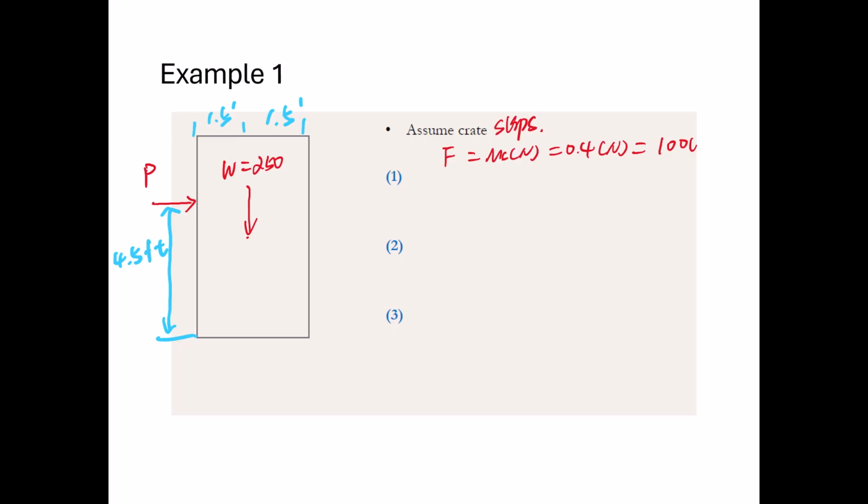Sum of the horizontal forces equals 0. You can get P minus F equals 0. We can get P equals F. P equals 0.4 times N, which is 0.4 times 250 lb. Sum of the Fy equals 0.